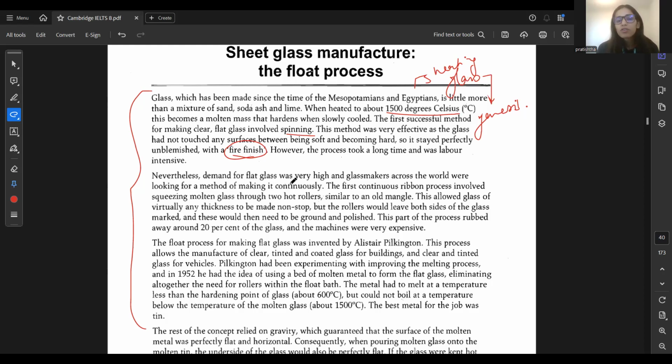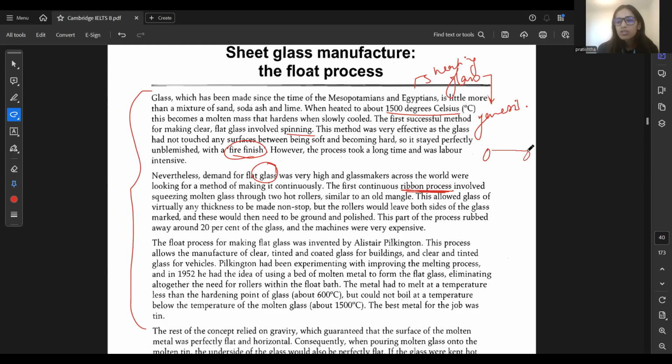Nevertheless, demand for flat glass was very high, and glassmakers across the world were looking for a method of making it continuously. So glass became popular and people were looking for it continuously. The first continuous ribbon process, so this is talking about the ribbon process, involved squeezing molten glass through two hot rollers similar to an old mangle.